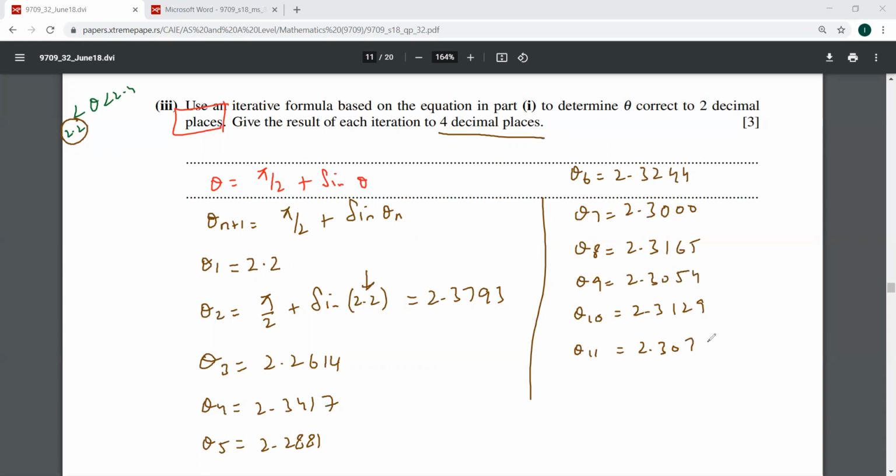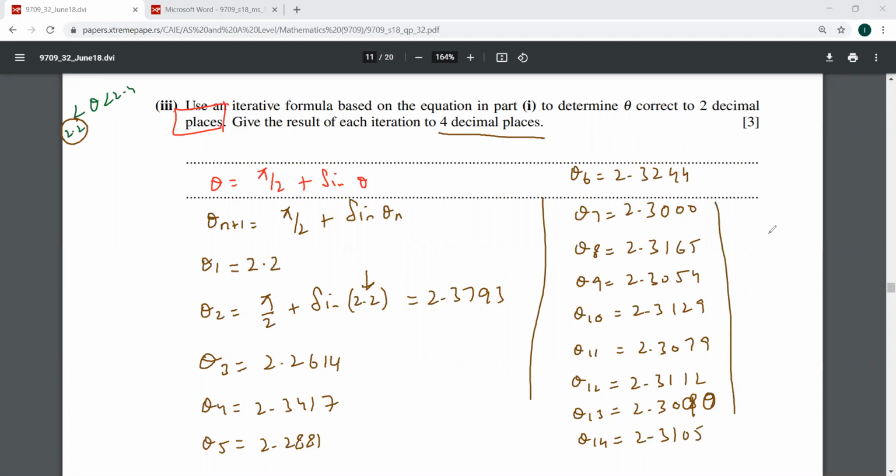Oh, they are converging, going between 31 and 30. Theta 12, theta 14, theta 15.